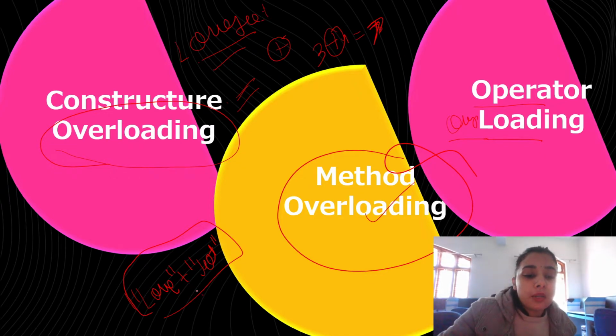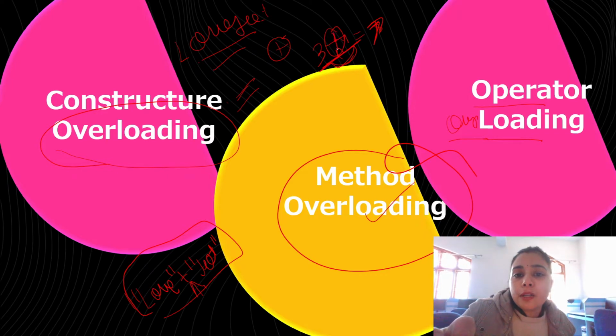Here we are joining two strings, and there we are performing an arithmetical operation, with the same plus. This is called operator overloading: one operator doing two different tasks. This is the actual meaning of operator overloading.